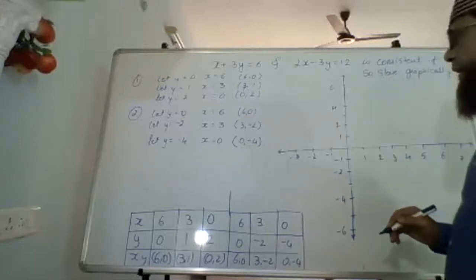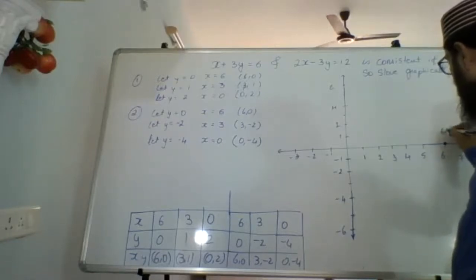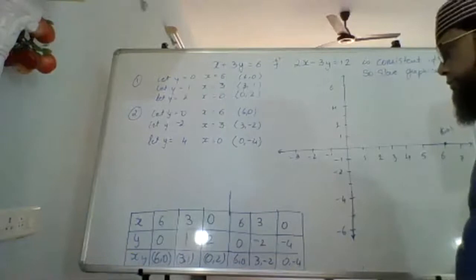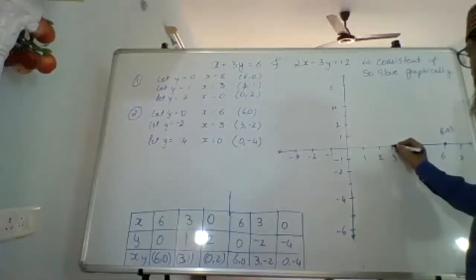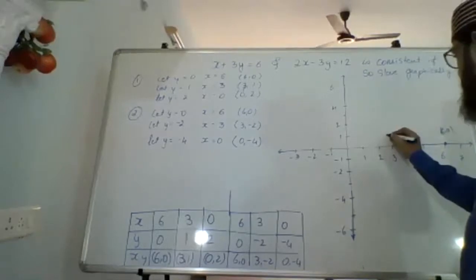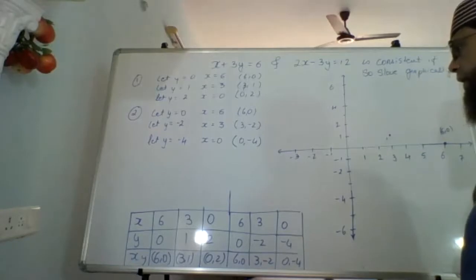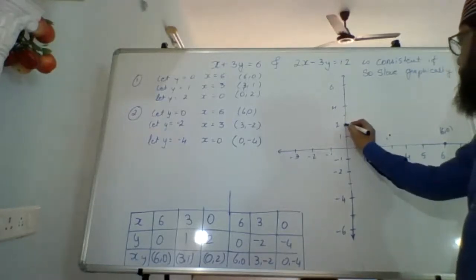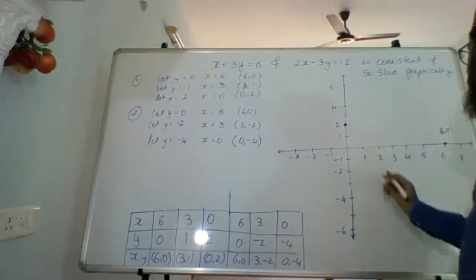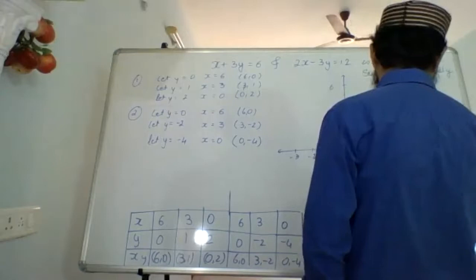Now the first one, x equals 6, y equals 0. That is this one, 6 comma 0. Then x equals 3, y equals 1. That is over here, 3 comma 1. X equals 0, y equals 2. That is this one.